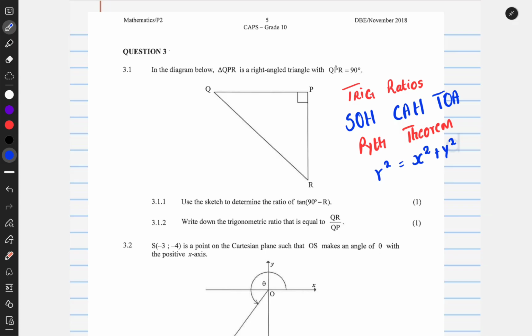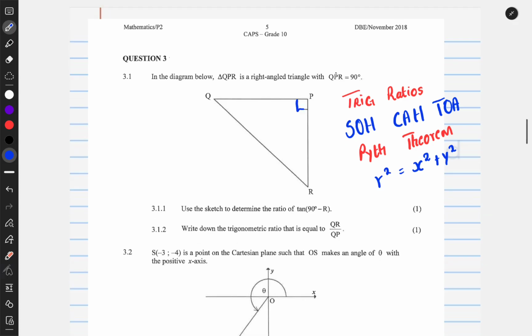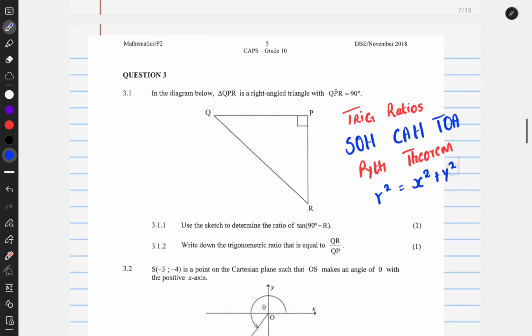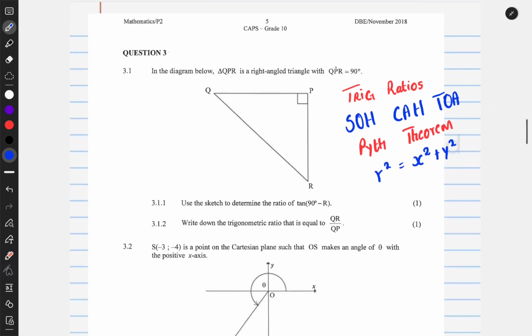Okay, so we've already read the statement, and we know that we're dealing with a right angle triangle, and the angle QPR, this angle, we're told that it is 90 degrees, and then we have angle Q and angle R. Next we are asked to use the sketch to determine the ratio of the tangent of 90 minus r.